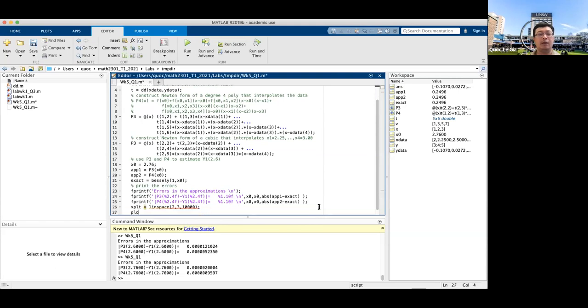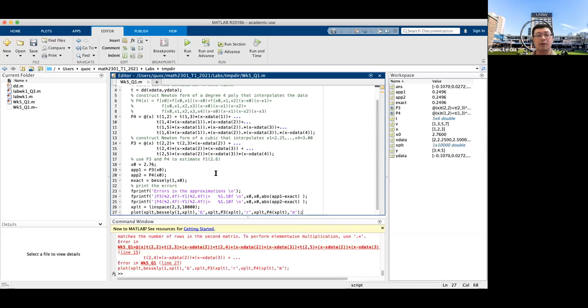Then I plot x plot, y1 x plot in blue, then x plot p3 x plot in red, and then x plot p4 x plot in magenta. Now I plot it, and no, something is wrong.